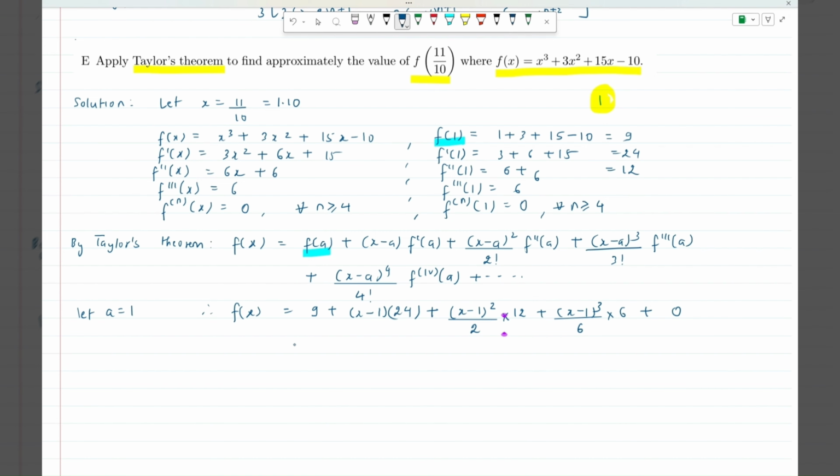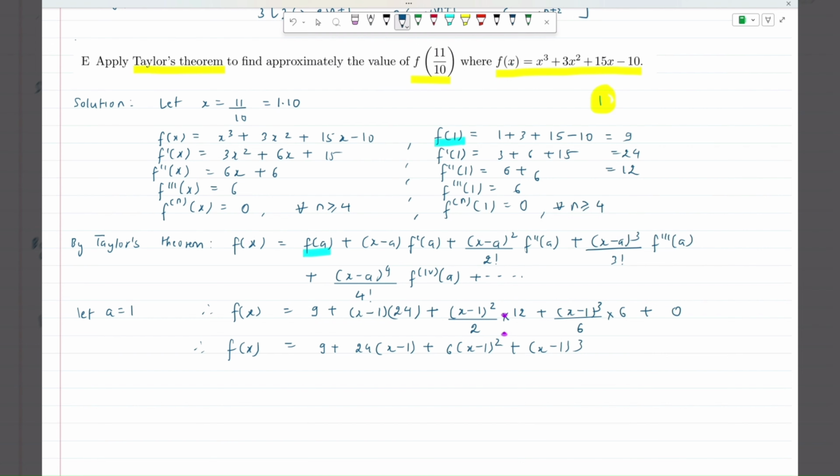So we can rewrite this in simpler form. So this is going to be 9 plus 24 into (x minus 1) plus 6 into (x minus 1) whole square plus (x minus 1) whole cube. So this is the expression for f of x.